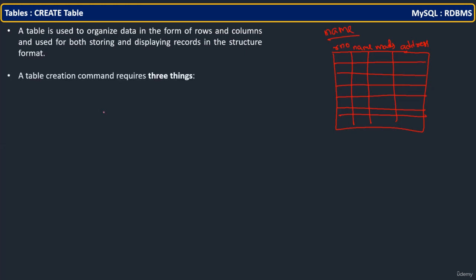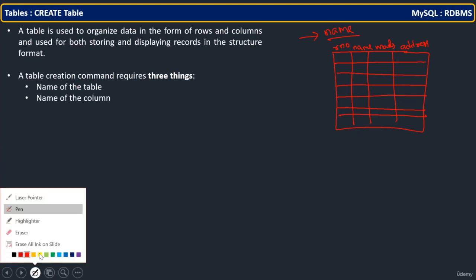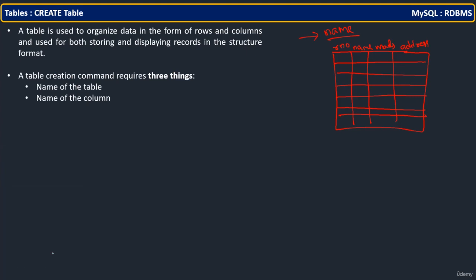So the table creation command requires three things. The first is the name of the table, and the other is the name of the column. So these things, roll number, name, marks, address, all these names you must define. And the other thing is the domain of the column. This is very important. For example, for roll number, what kind of data are you allowing in this entire column?